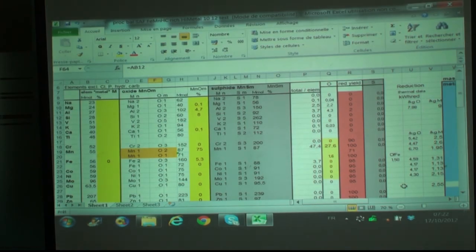The fundamental relation is 1 calorie is 4.18 joule. This is fundamental. And so 1 kilocalorie is 4.18 kilojoule.